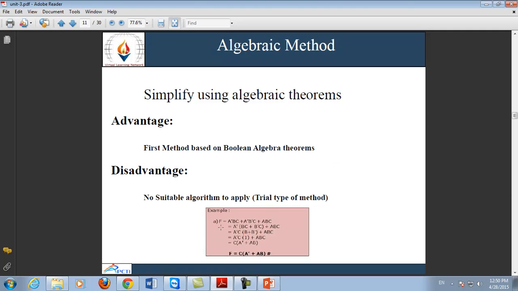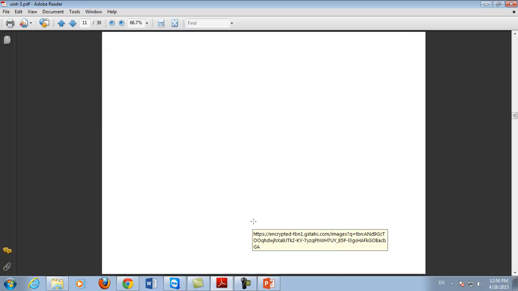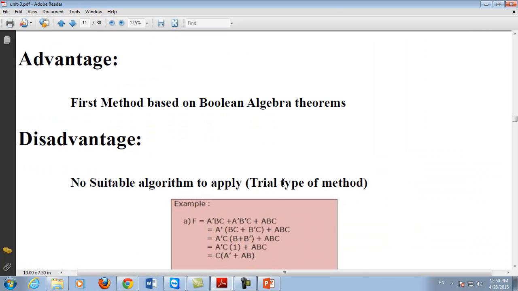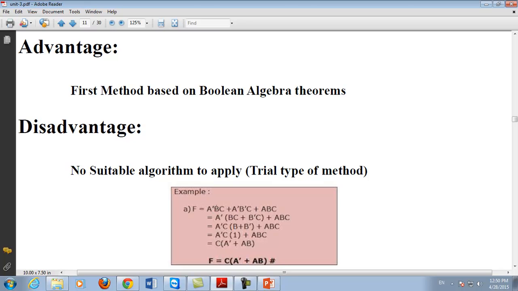In the algebraic method, for example, this question is given: A complement BC plus A complement B complement C plus ABC.